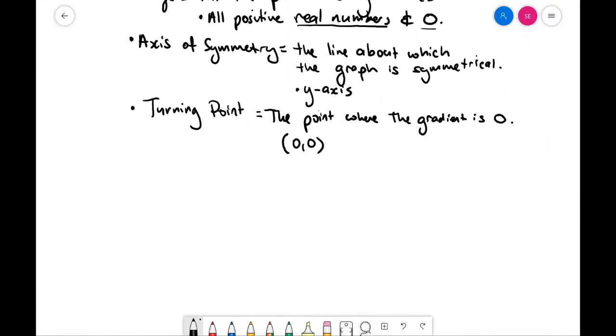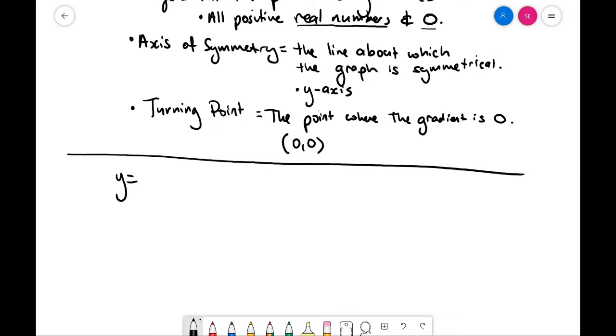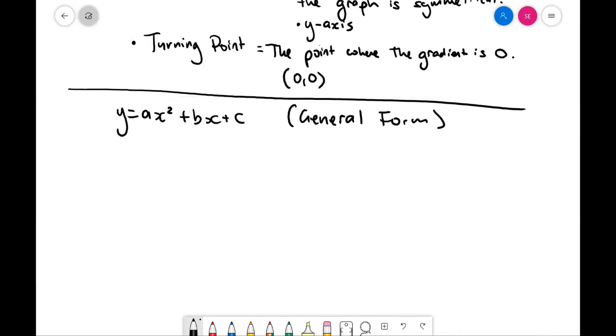Now, all quadratic equations are of the form y is equal to x squared plus bx plus c. This is the general form. But what we're going to see is that all of them can be written in the form y is equal to a bracket x minus h squared plus k.